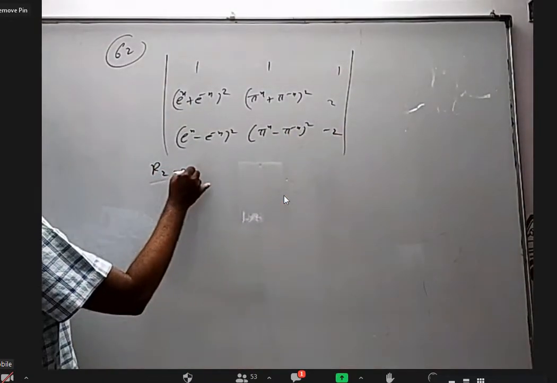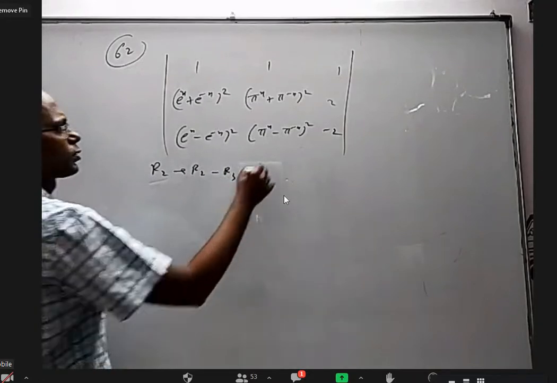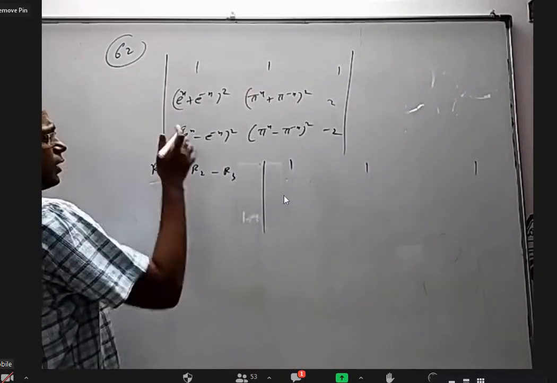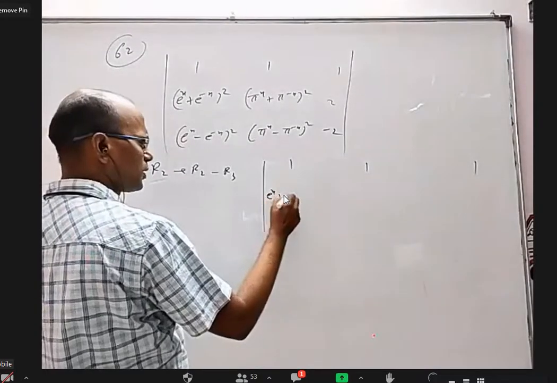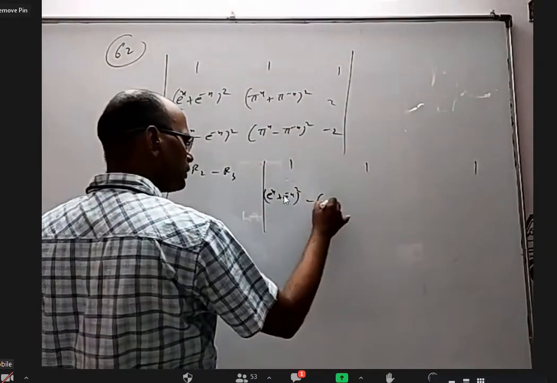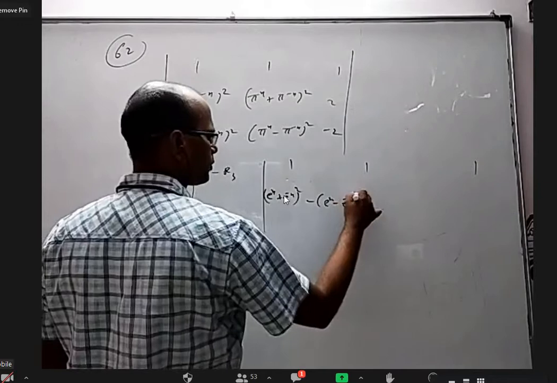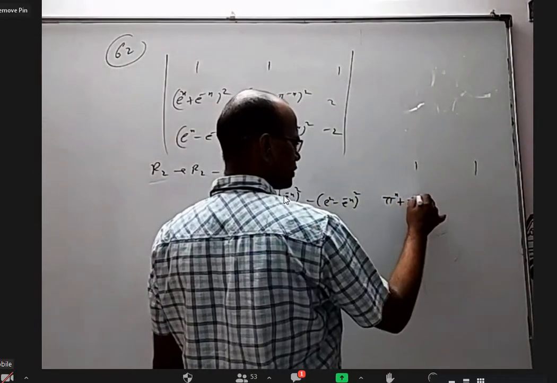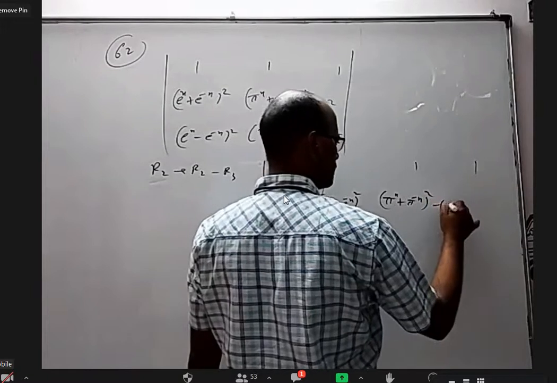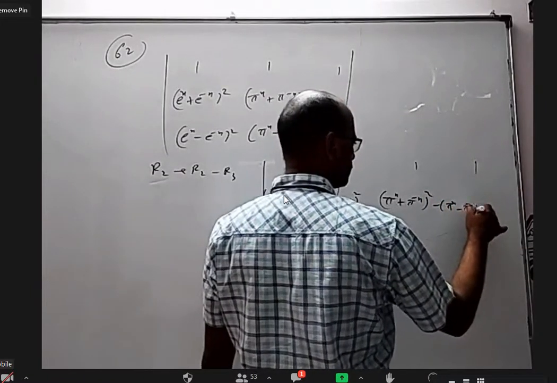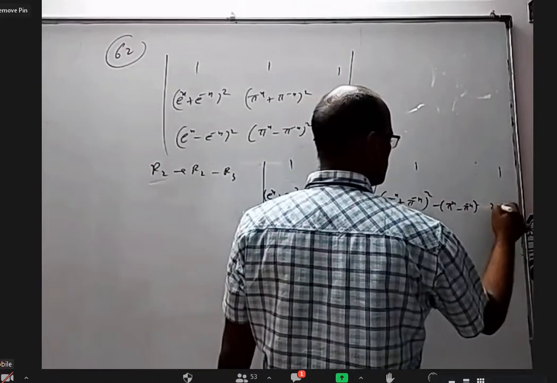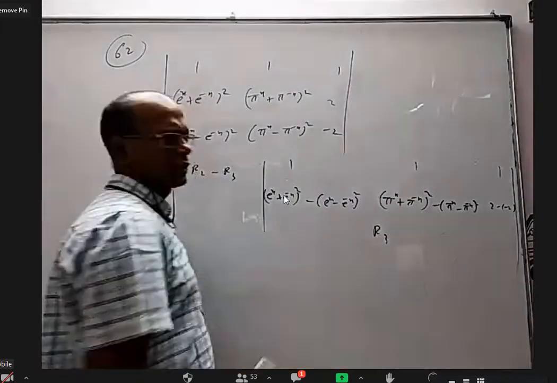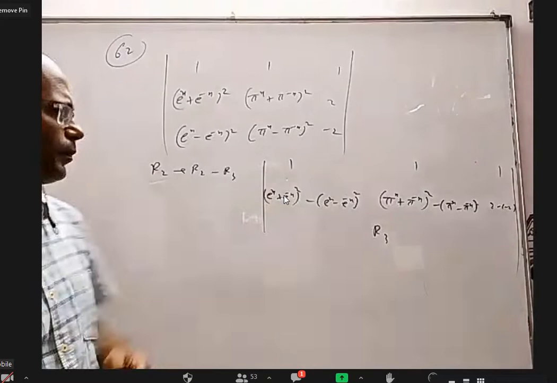If I write second row as second row minus third row, 1, 1, 1, I'll get e power x plus e power minus x whole square minus e power x minus e power minus x whole square. Here pi power x plus pi power minus x whole square minus pi power x minus pi power minus x whole square. Here 2 minus minus 2. So the third row as it is, I'll just write R3. I don't want to write this whole thing once again.